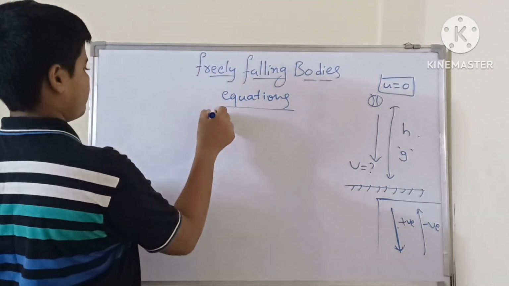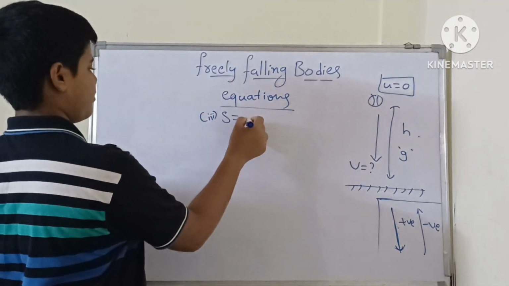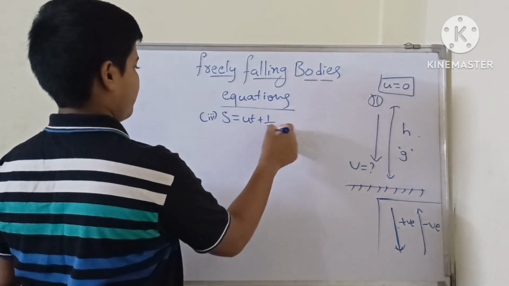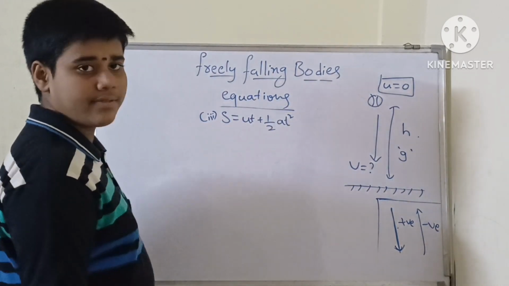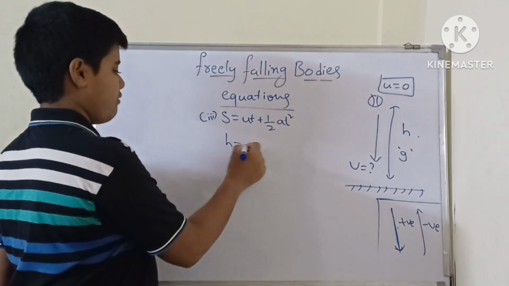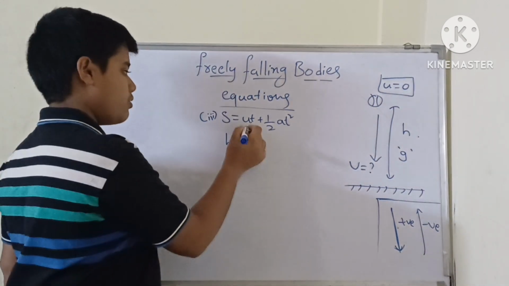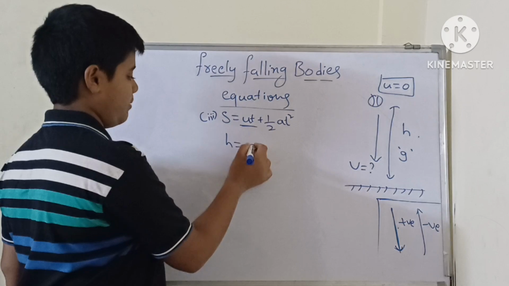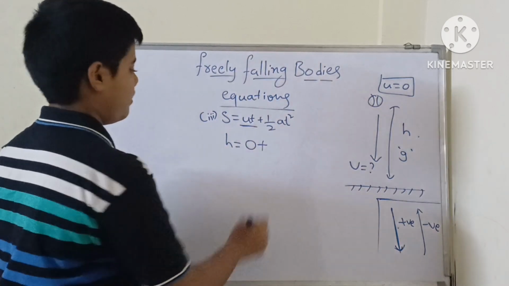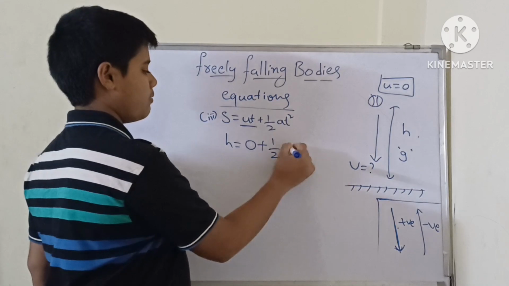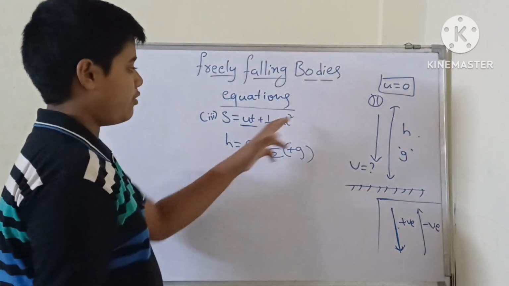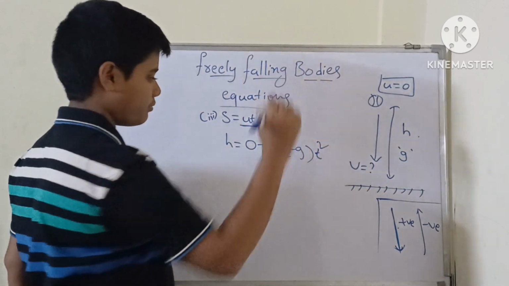Third equation, s equals ut plus half at square. In place of s, we replace h, and the initial velocity is 0. So this whole term becomes 0, plus half, the acceleration must be gravity and positive, so plus g into time square.